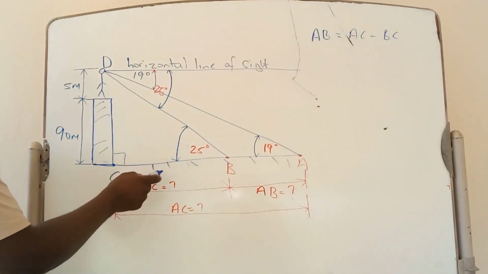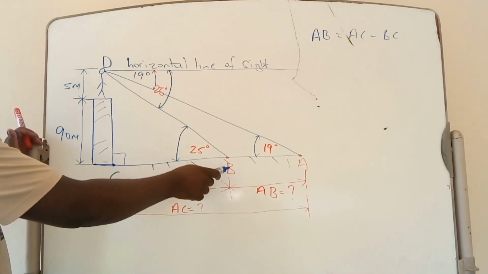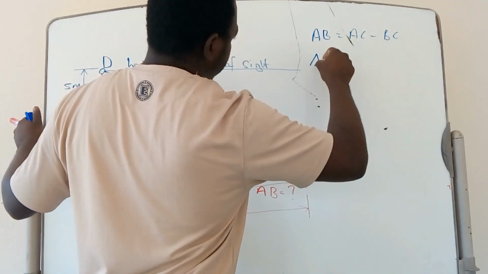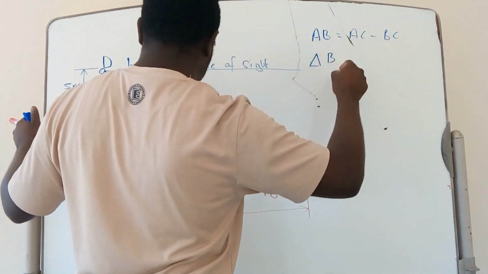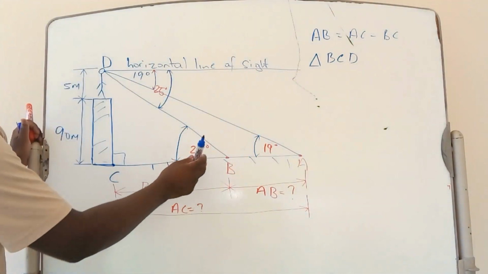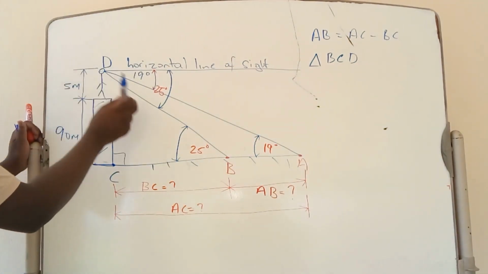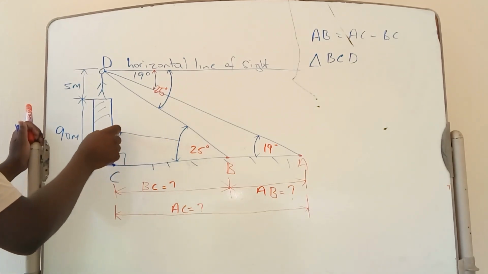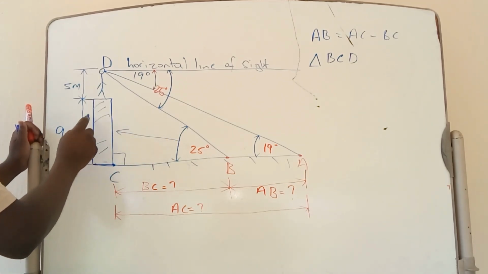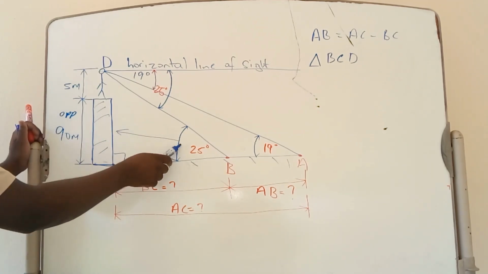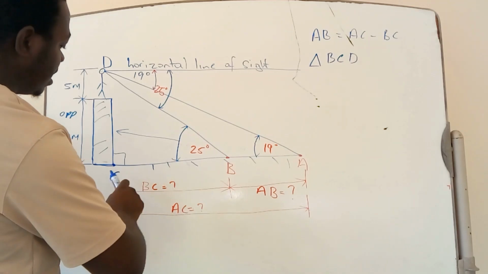We know that here, if you consider the triangle BCD, we have an angle which is 25 degrees, right? And this side is opposite to that angle, and this length is the adjacent length.